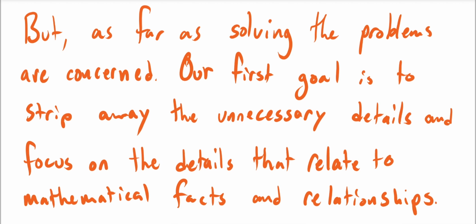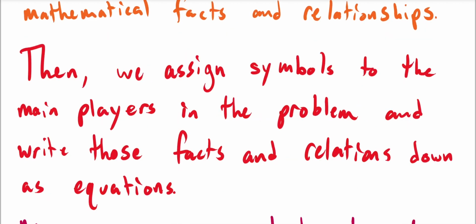But as far as solving these problems are concerned, we are going to be stripping away the details here. We are going to be focusing on getting from details to mathematical facts and the relationships that are implied by the problem. That is our first goal. Now, once we can see what those main players in the problem are, we're going to assign symbols to represent those quantities.